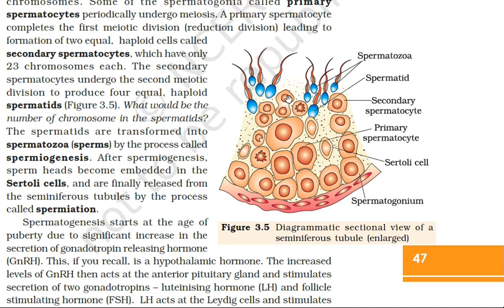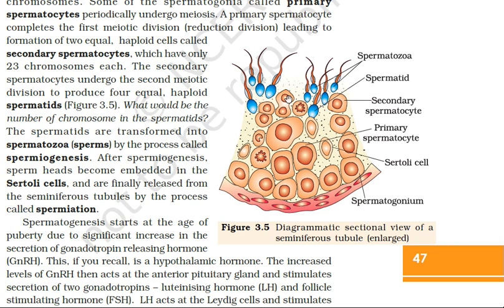It first stimulates the anterior pituitary gland to produce two gonadotropins. You can make a flowchart, or I'll give you this flowchart in my prepared notes also.